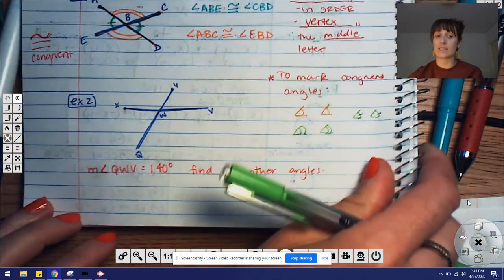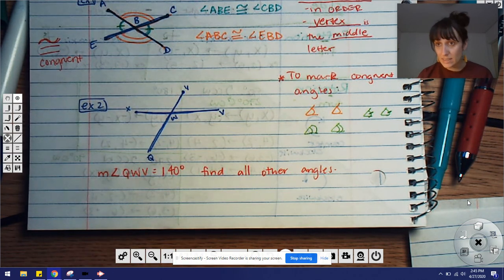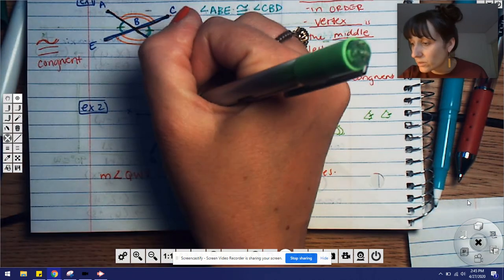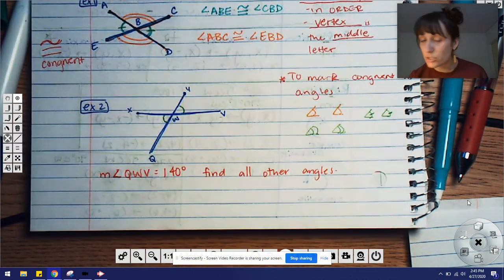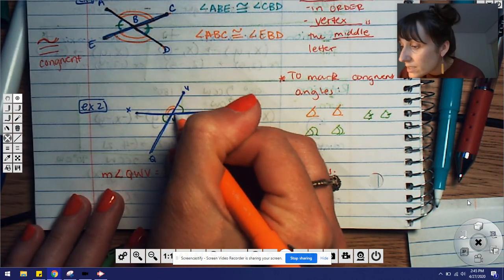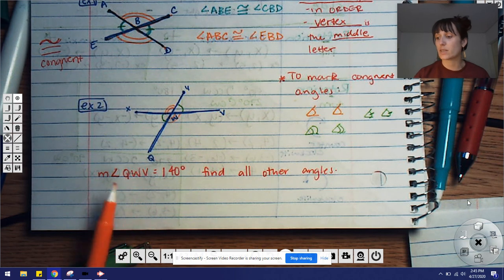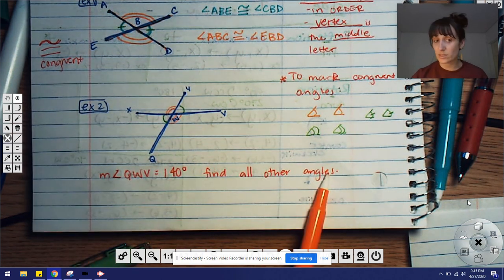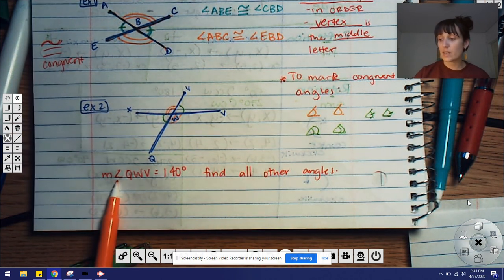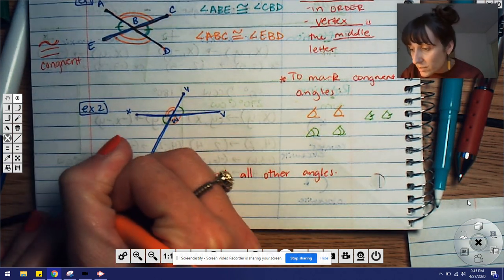Let's look at the second example. We have these two intersecting lines. So I can already start to think about my bow ties and where I see bow tie angles. I know that these two I'll mark off in green are going to be congruent. I know that these two I'll mark off in orange are going to be congruent. And I'm doing that before I'm even reading the problem because I already know that information. Now I'm going to read the question. This says m angle QWV. The m, when you see an m, means the measure.